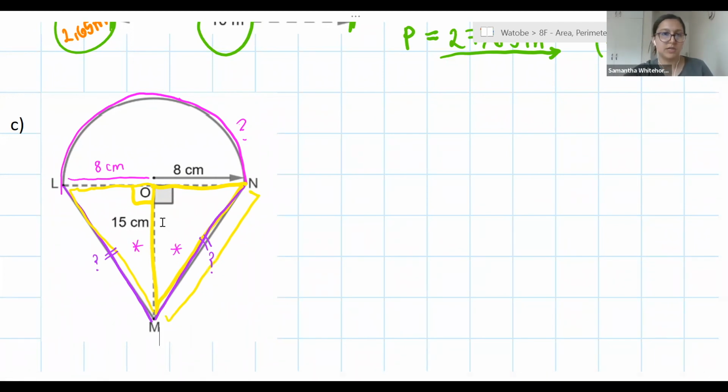When you have an answer, you can put it in the chat or you can raise your hand. Remember, there are units to it, so don't forget your units. And remember, the side opposite the right angle is your hypotenuse.